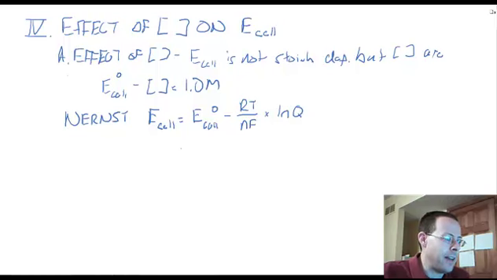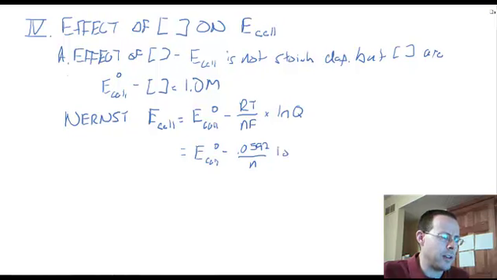Alright? And if this happens at 298, then we can just have E cell naught minus 0.0592 over n.